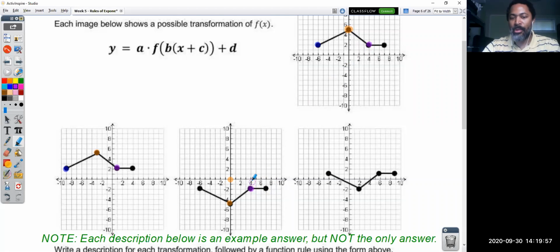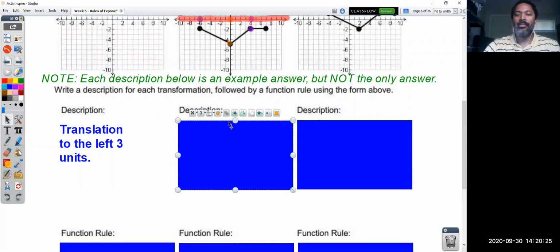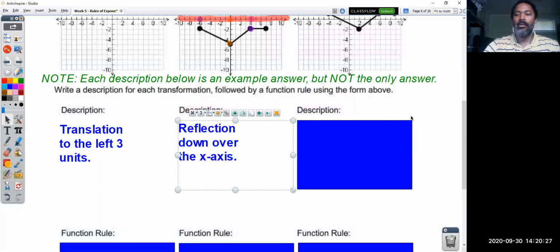Well, the halfway point is 4, 0. And if I look at the blue point, I went from 6, positive 2 to 6, negative 2. Those points are also 4 apart, and the halfway point is 6, 0. That means if I connect those points, this is my line of reflection, which in this case happens to be the x-axis. So we reflected over the x-axis.